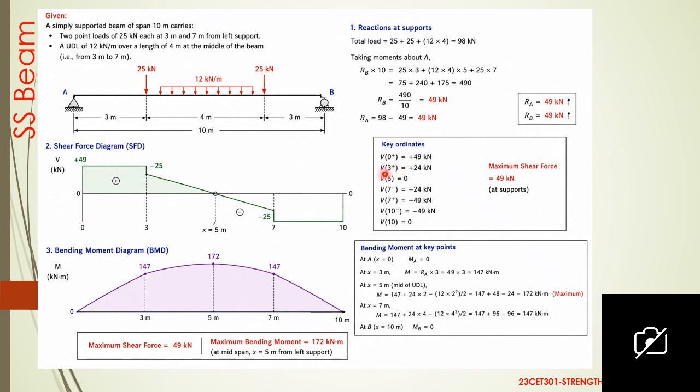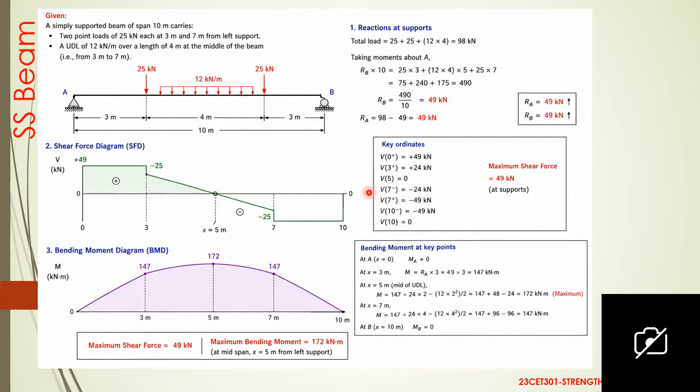As we have already practiced more problems, we can go directly. So we can find the shear force at A, that means at the 0 meter of the beam, that is plus 49 kilonewton. Shear force at 3 meter: plus 49 minus 25 will get plus 24.